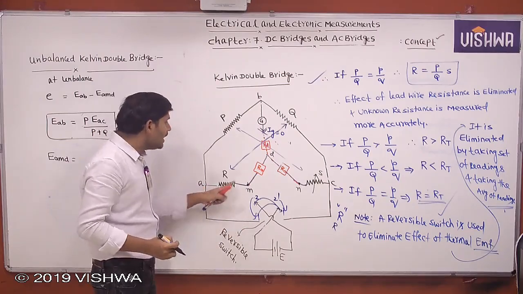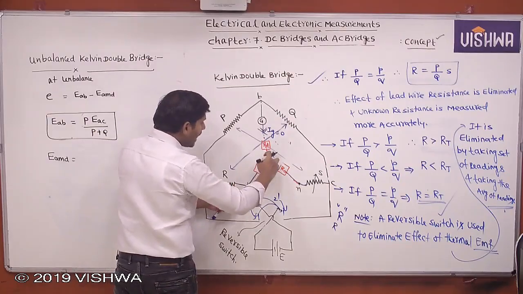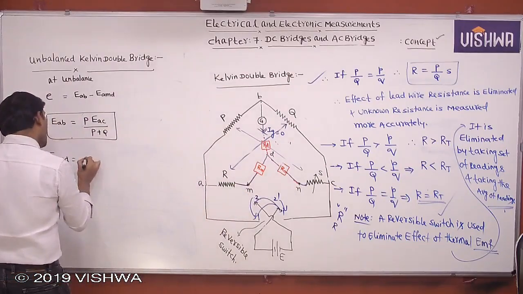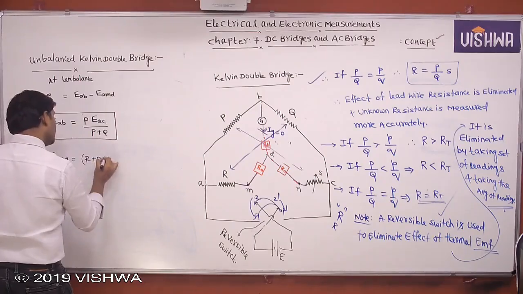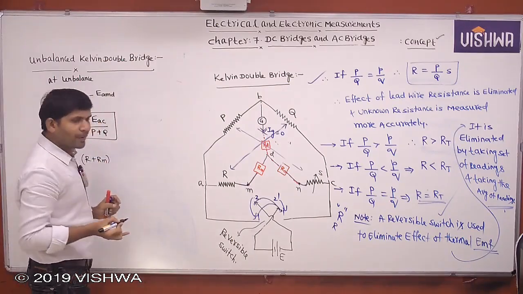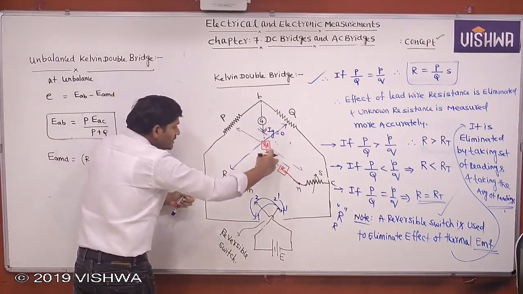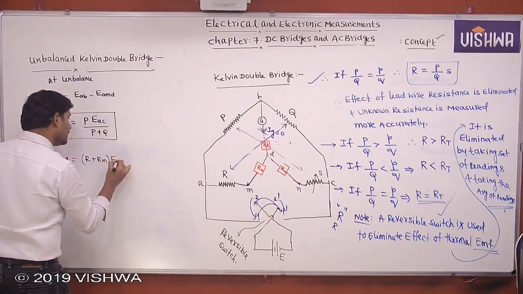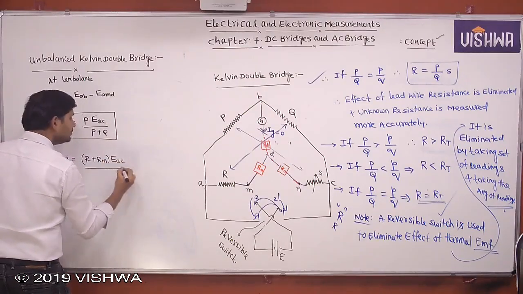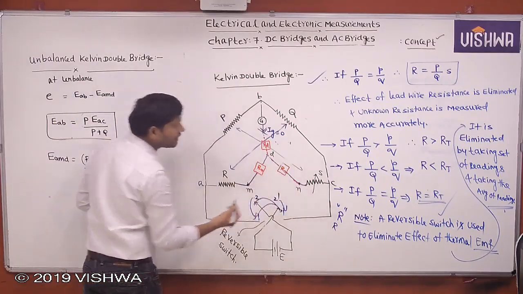Now what is EAMD? What is this resistance? It is R plus RM. I want the voltage across this resistor. Voltage across this resistor means R plus RM into EAC by the total resistance. What resistances are connected in this arm?